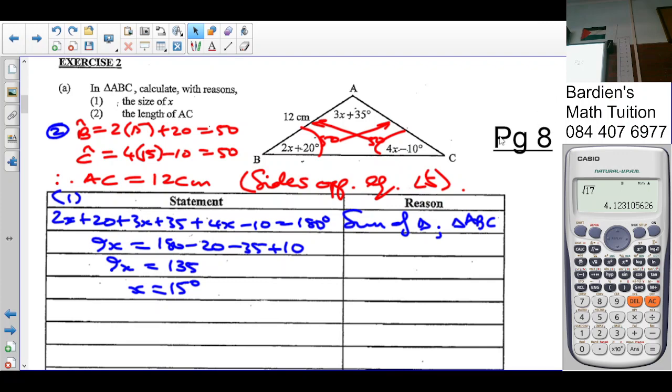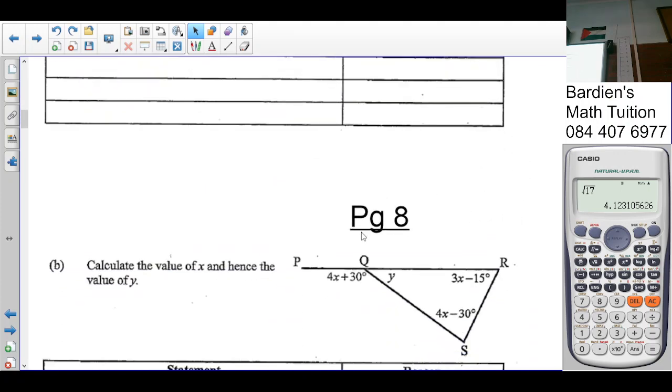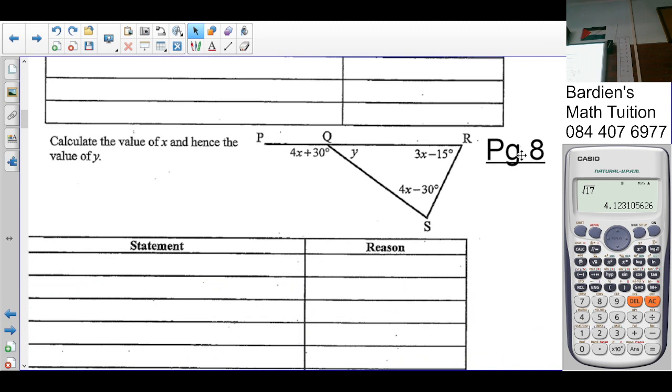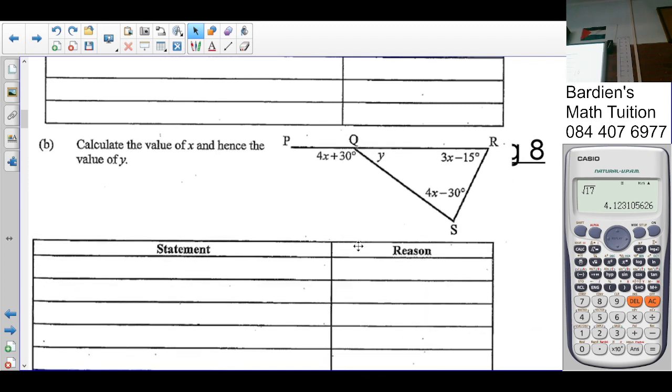Right, this is number what? Number B. Copy.